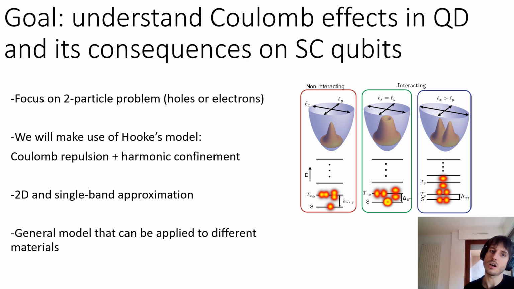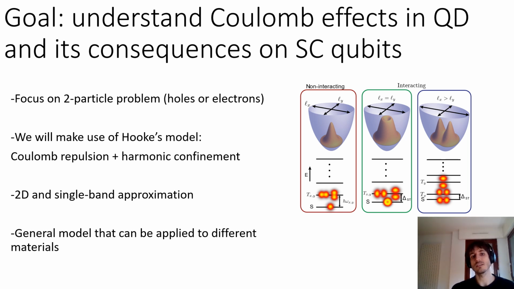Our goal in this talk is going to be to understand the Coulomb effects in quantum dots and its consequences on semiconductor qubits. So we will focus on the two-particle problem, both for electrons and holes, and we'll make use of a very, very simple model, which is called the Hooke's atom problem, which is basically Coulomb repulsion plus the harmonic confinement of the dots.